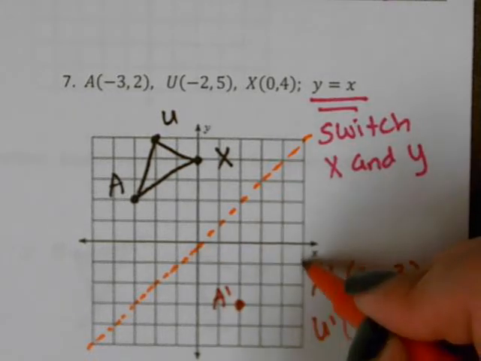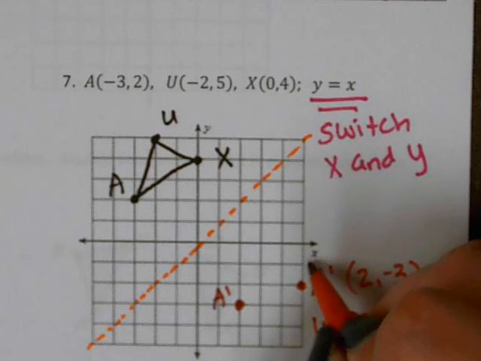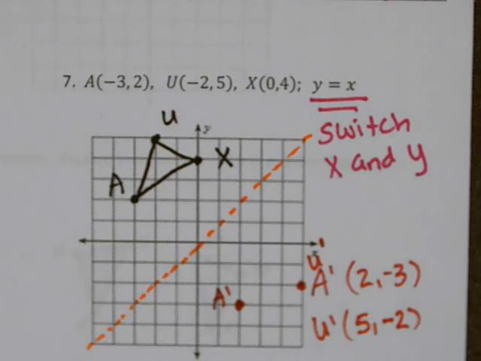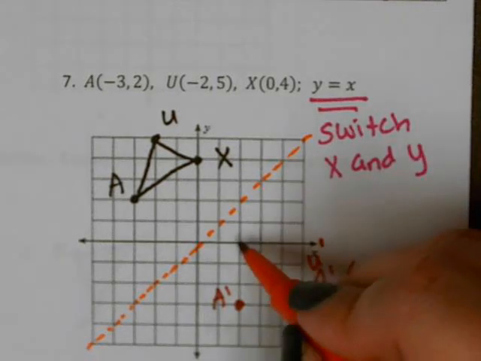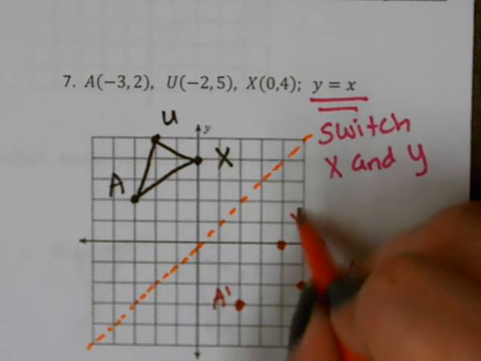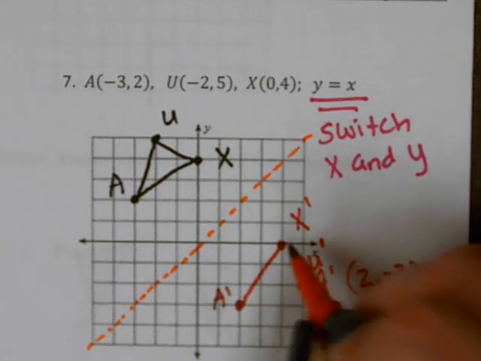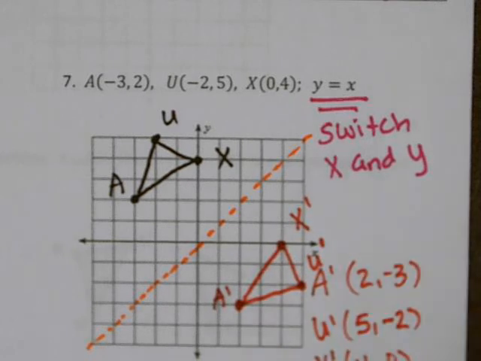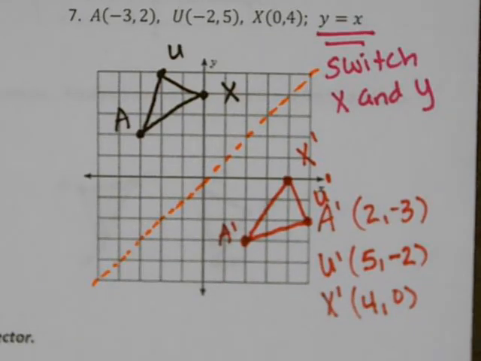So over 5 and down 2. That is my U prime. And then for X prime, it's going to be the point 4, 0. So 1, 2, 3, 4. And I'm not moving at all, so that's my X prime. And here is my new figure. All right, so that's the big idea there, is we want to switch x and y.